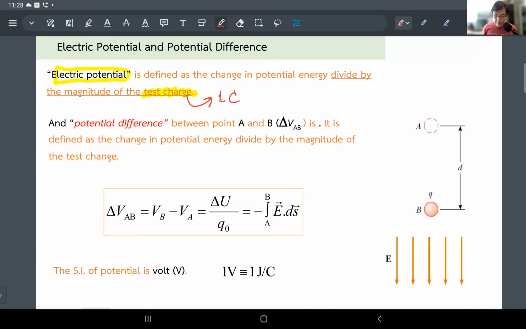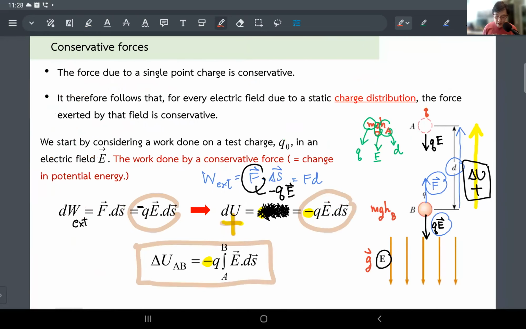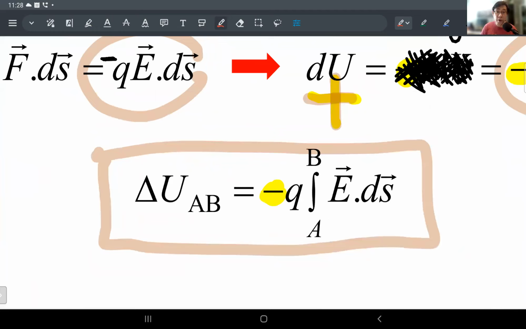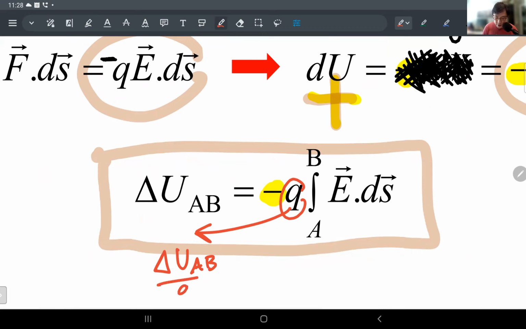So that means the stuff that you do over here, you will do equally well by talking about what is going on per unit charge. So you're just going to move this Q to the left-hand side. So if you do that, delta U between any two spots per unit charge, you're going to call it the potential energy change per unit charge.